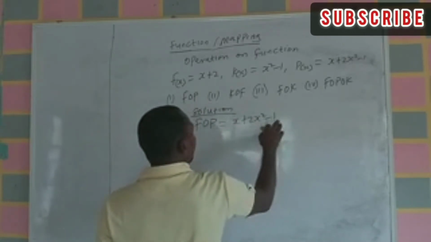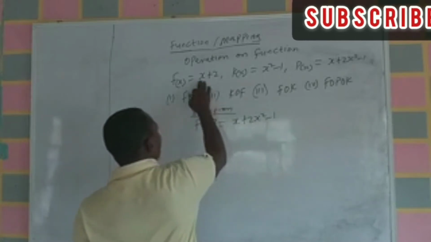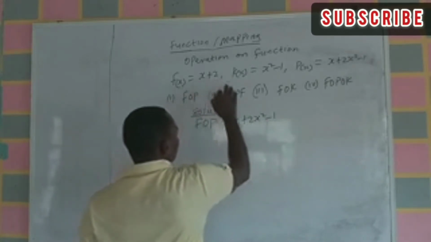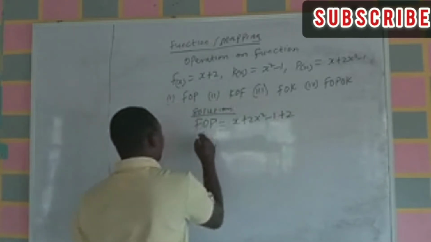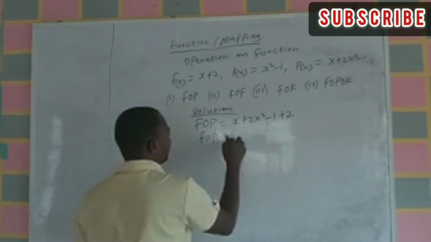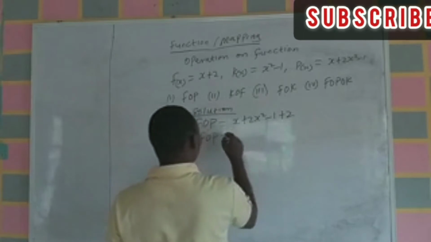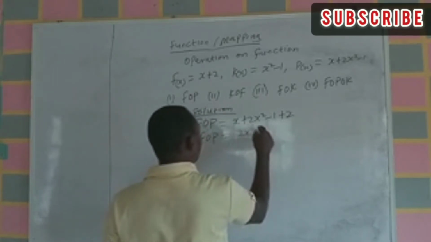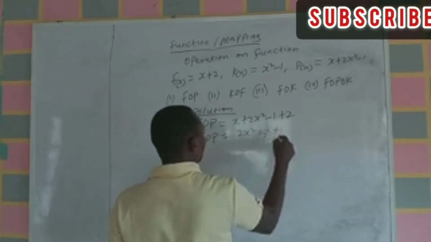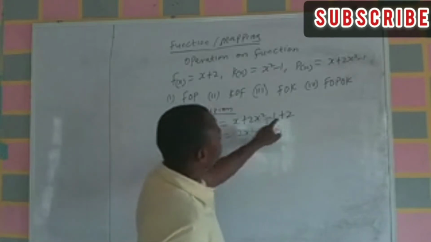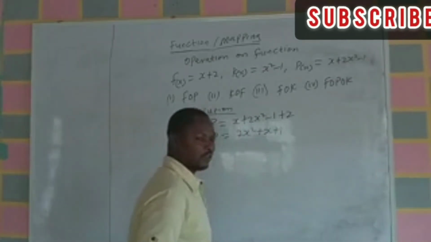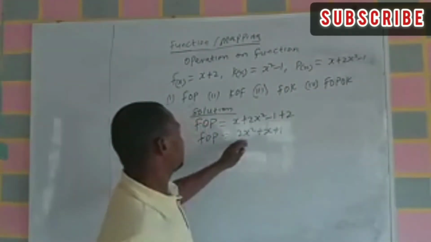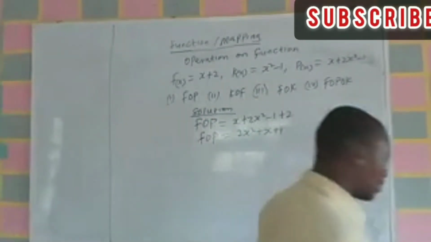After substituting for s, I still have 2 remaining, so I just add plus 2. Then simplify: 2s squared plus s plus 1, because this is the only one that can be combined. Every other term, there's nothing you can do about it. So this is the answer to question 1.